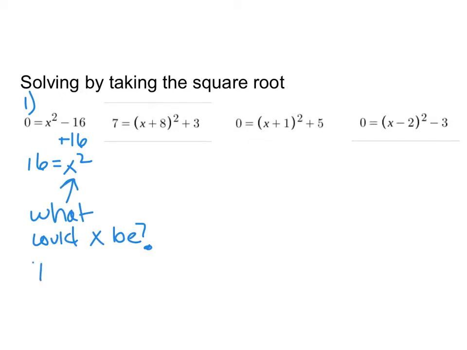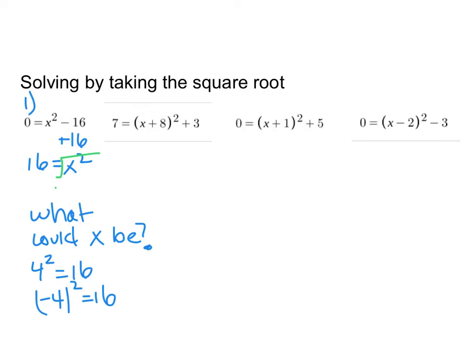And we know that 4 squared could give us 16, but we also know that negative 4 squared could give us 16. And so that's why when we take the square root, we have to consider both the negative possibility and the positive possibility.